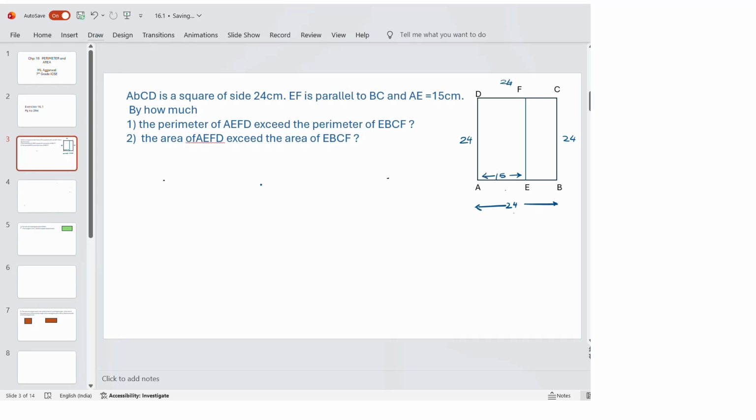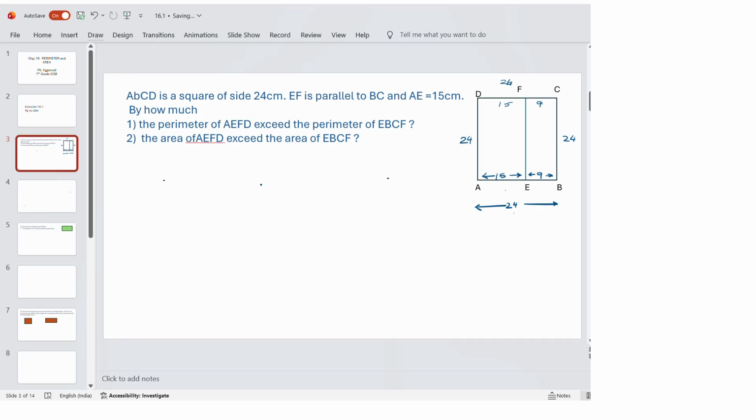Now if out of 24, 15 is AE, then what is left, EB? That will be 24 minus 15, isn't it? So that makes it 9. So we know directly now that EB is 9. If EB is 9, then FC is also 9, and AE is 15, which means FD is also 15.